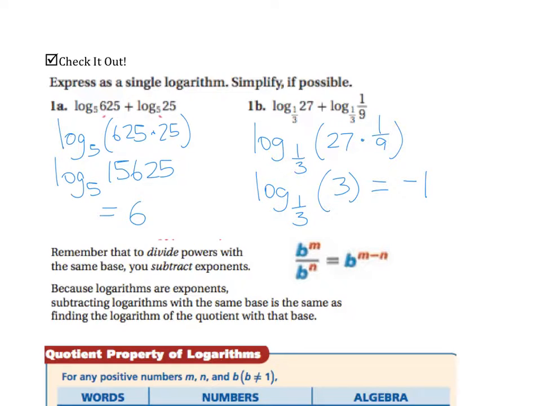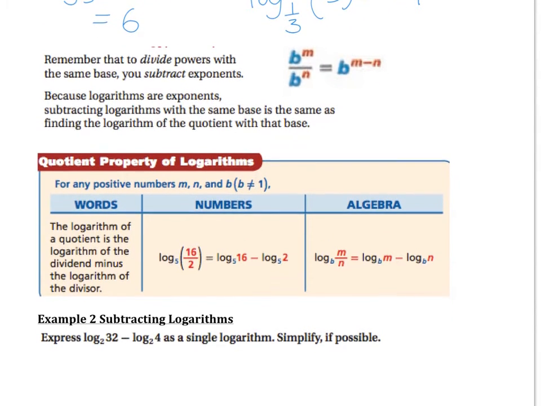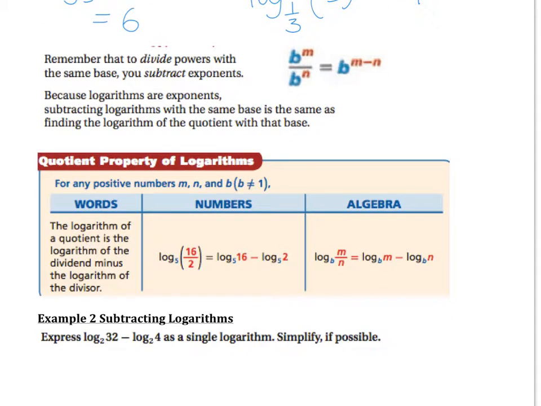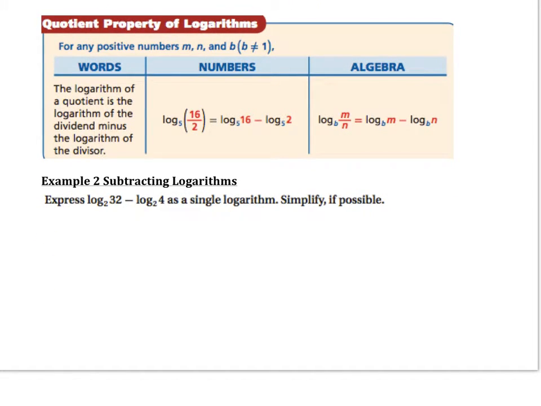Okay, so now remember when we divided powers, we subtracted the exponents. So likewise, when we take a log and we have a division, we can subtract the logarithms. So if I already have a subtraction of two logs with the same base, that means I can divide.